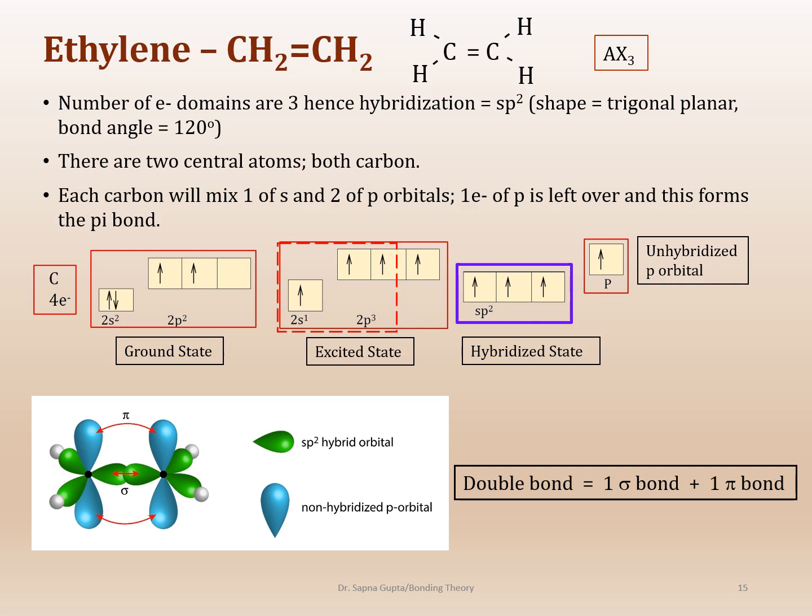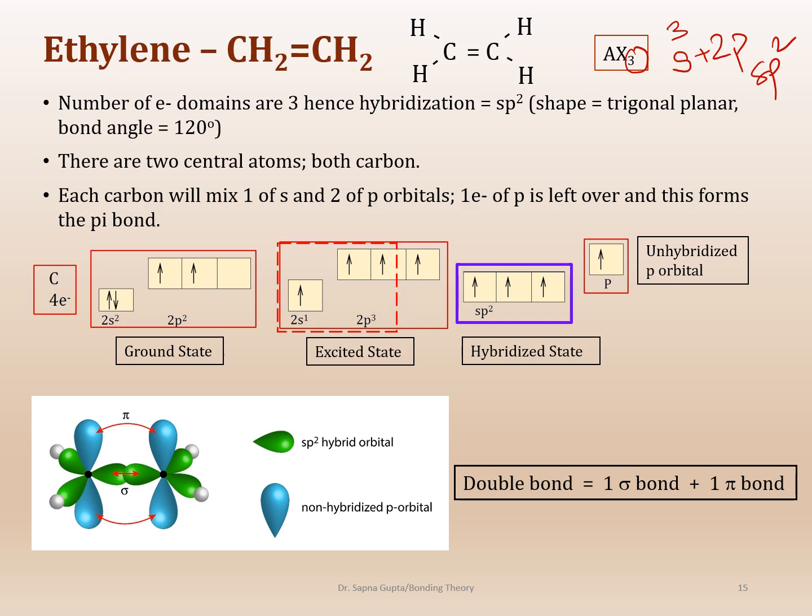As soon as you see 3, you know that you need 3 orbitals. You're going to need 1 of the s and 2 of the p, so sp2 hybridization. Now you know that ethylene, or a double bond, is sp2 hybridized.